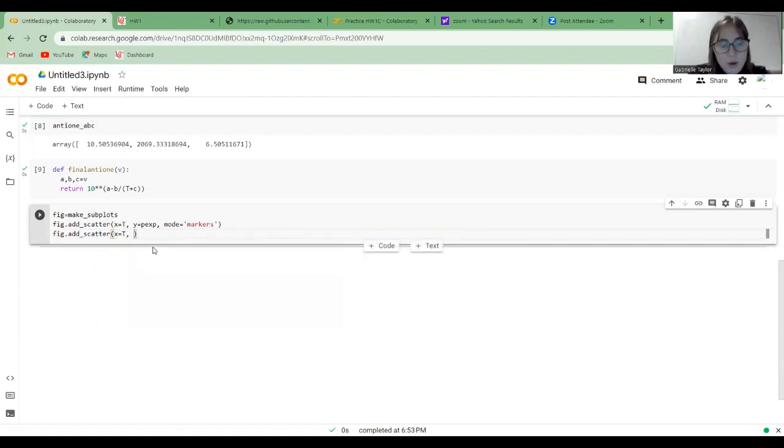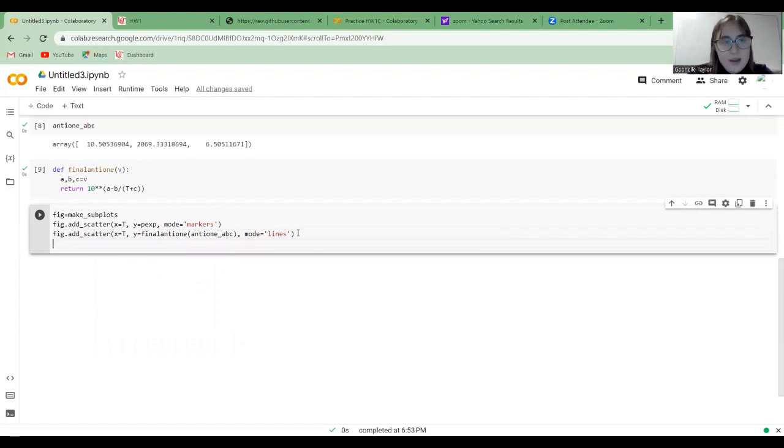For y, we want our final Anton's equation, and inside it we want our A, B, and C that we minimized. Next, our mode should be lines.